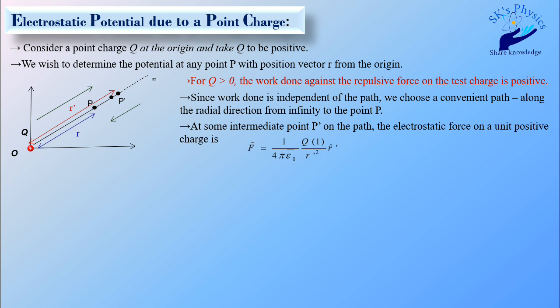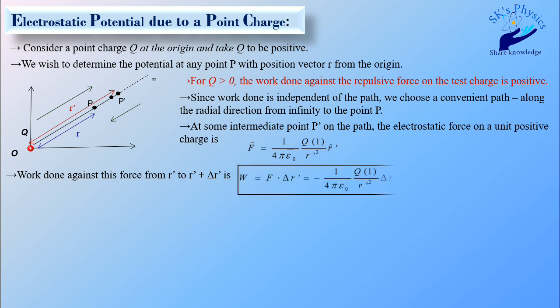Work done against this force from r dash to r dash plus delta r dash, where delta r dash is the smallest distance from P dash, is W equal to F dot delta r dash, equal to minus 1 upon 4 pi epsilon 0 Q by r dash square into delta r dash.